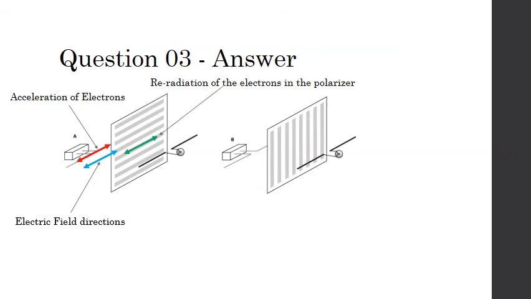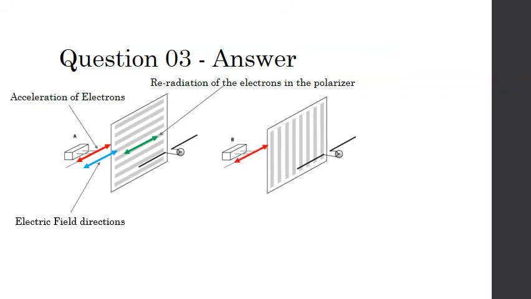What happens is, since this electric field is parallel to the polarizer directions, or parallel to these lines, it will cause those electrons to accelerate and re-radiate, and cause what we refer to as scattering or re-radiation from the electrons in the polarizers, and that is going to take away some of the initial energy from the original radiation. So there's not enough radiation to get to the wire and accelerate the charges, so the light bulb is not bright.